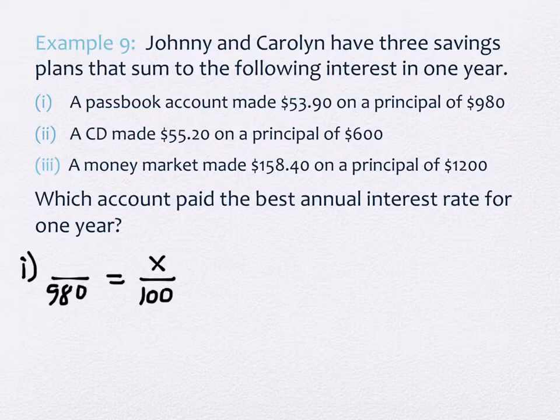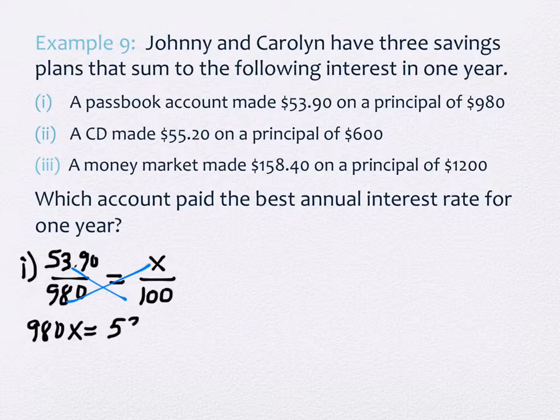What value will go on top? 5390. Okay, 5390 is the amount they made on the original amount, the 100% amount of the 980. And then we can cross multiply, right? So we have 980x equals, and it's actually 5,390. And we'll divide by 980.